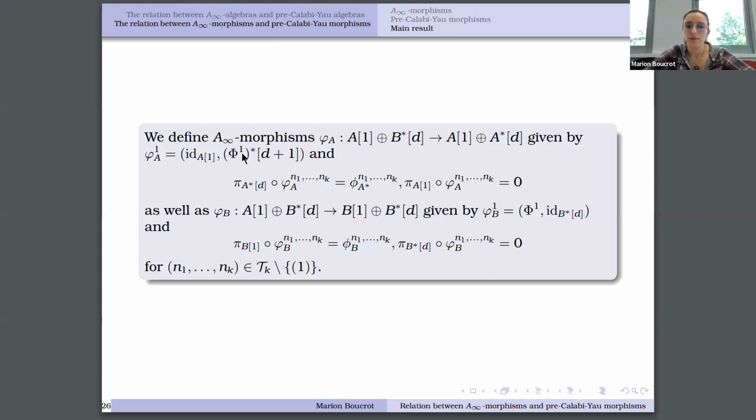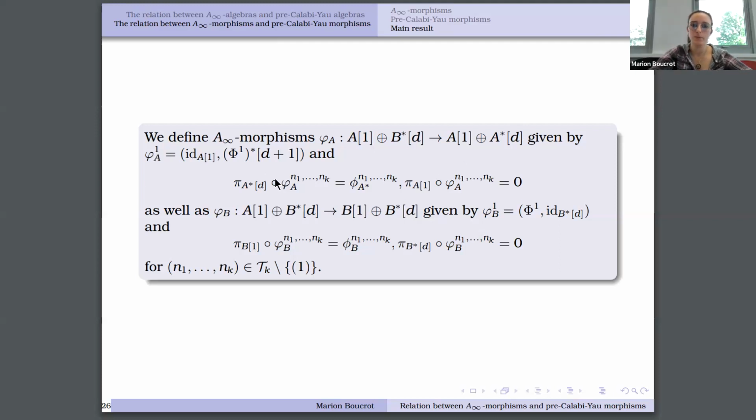Since the pre-Calabi-Yau morphism goes from A1 to B1, phi 1 goes from A shifted by 1 to B shifted by 1. So this really goes from B star shifted by D to A star shifted by D.